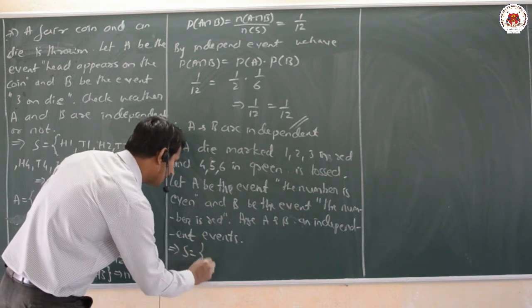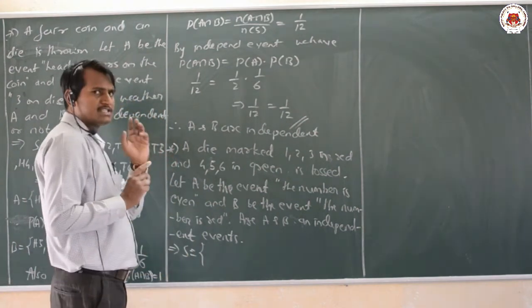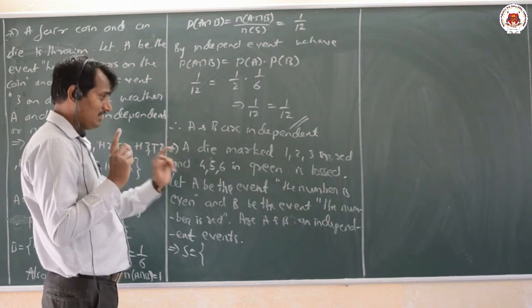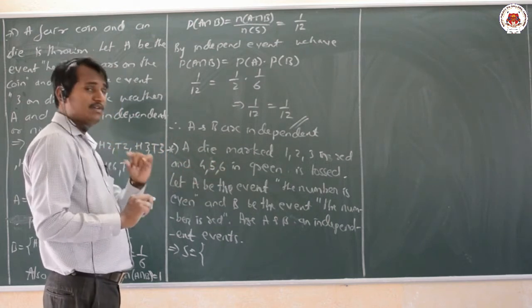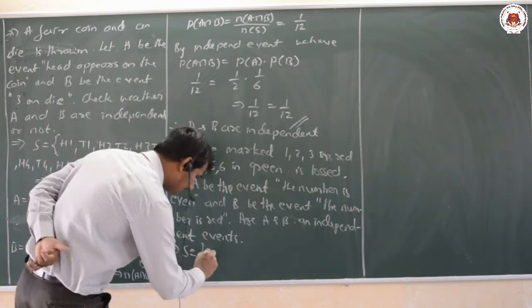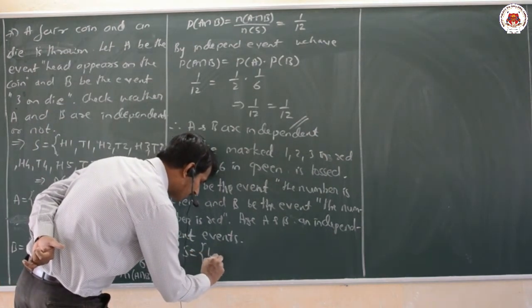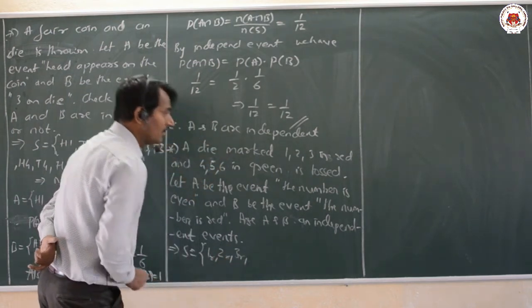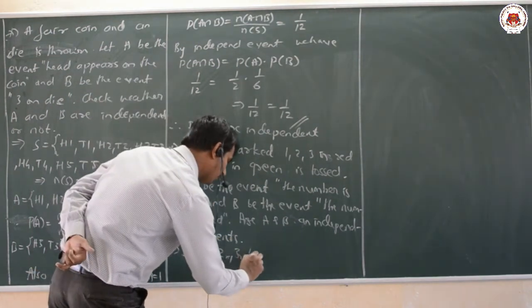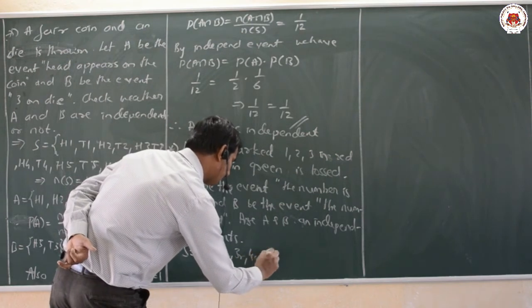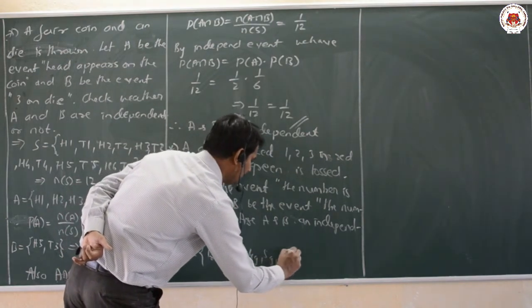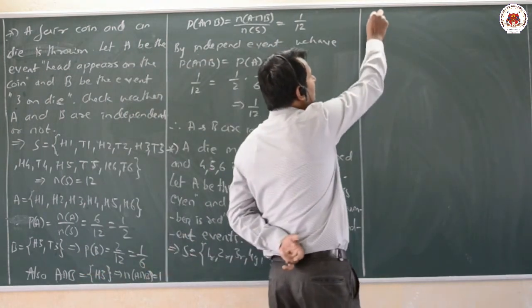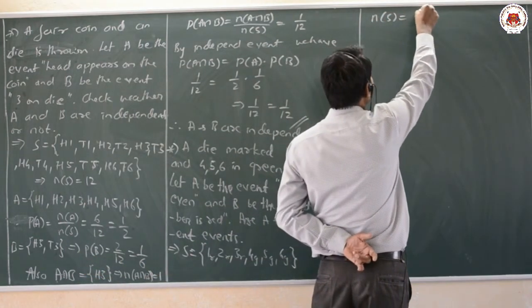When we toss the die, we get 1 red, 2 red, 3 red, 4 green, 5 green or 6 green. These are the possible cases. That means N of S, the sample space, is 6.